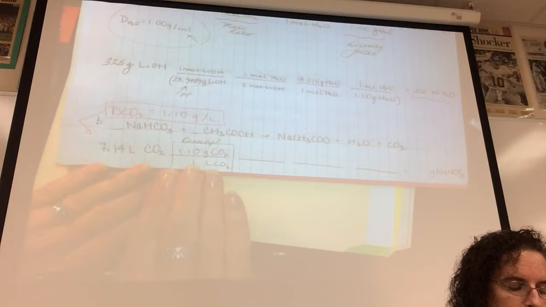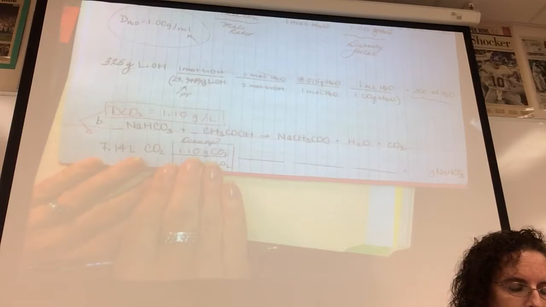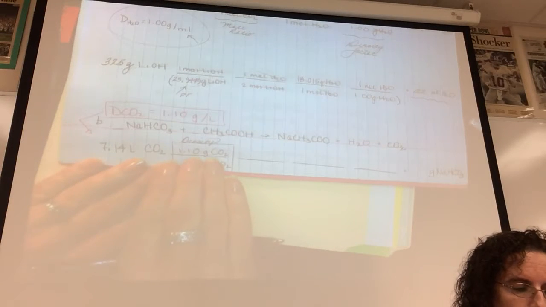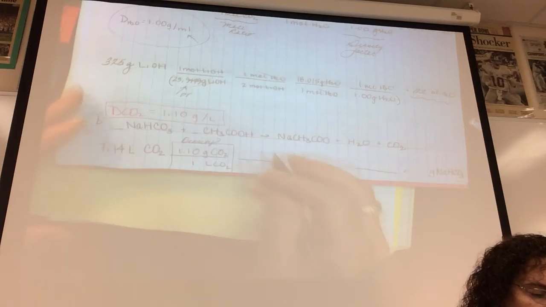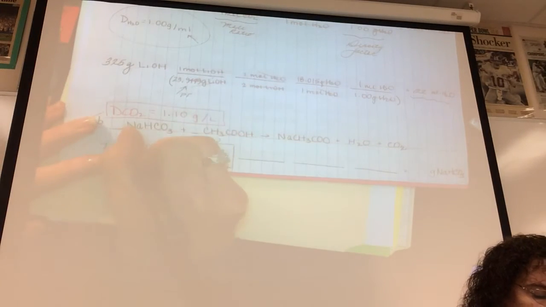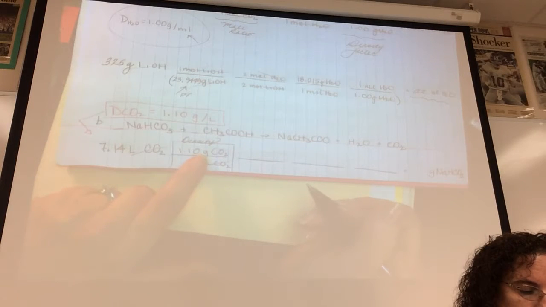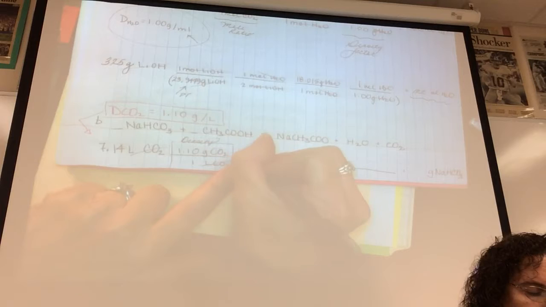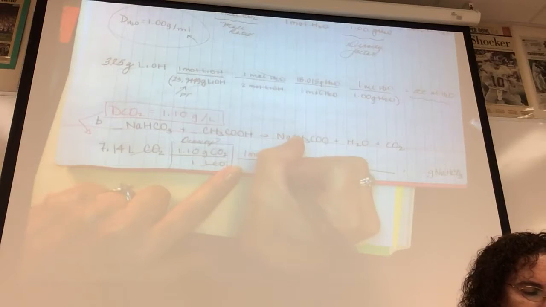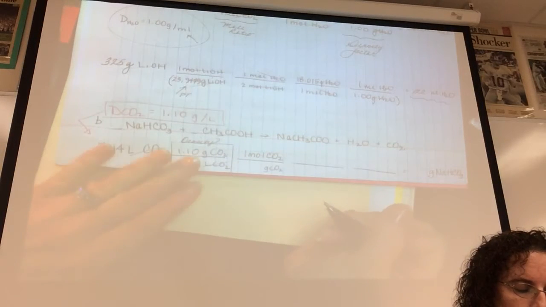Once you do this, you're already at mass, and this is going to then be a mass-to-mass problem like we just discussed. So then, let your units drive your problem. If you have grams of CO2 here, you need it here. 1 mole of anything is equal to its mass in grams.